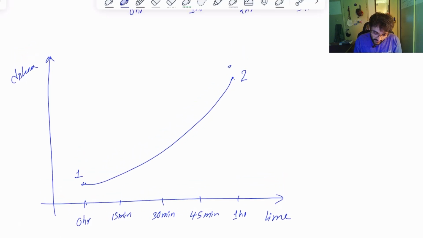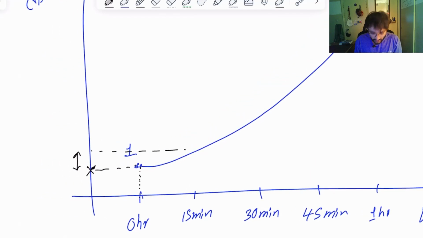So you can see that in the first 15 minutes, meaning this much amount of time, the distance traveled is about this much. Okay, so the way I know that is, for 0 hour, I just go up and then go left. That's the point in distance.